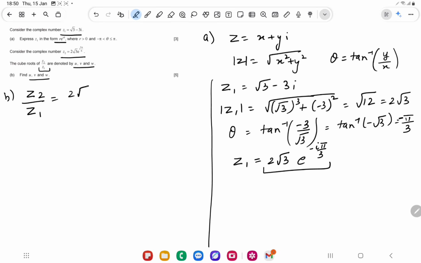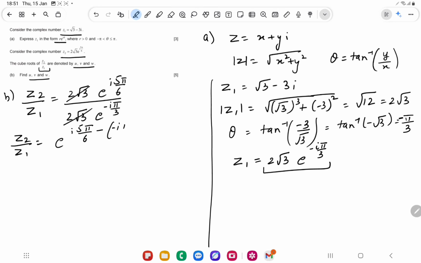I will write the values given to me: e to the power i 5 pi by 6 whole divided by the z1 value we just found out, e to the power minus i pi by 3. Now I can apply properties of complex numbers and write z2 by z1: these two will get cancelled out and both i values will be subtracted, so minus i pi by 3.